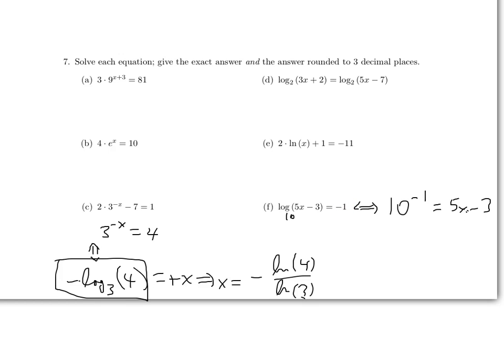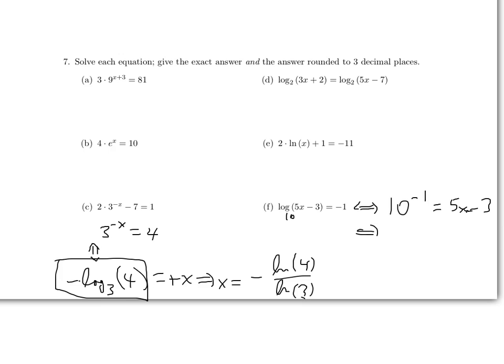Remember that the point here is to free the x up. So if you do something and your x doesn't get freed up, then that's when you know you've done it backward. The only reason we do it is because the x is stuck in the log, and so if I ended up with an equation where the x was stuck in the exponent, then I know that I did that wrong. So anyway, 10 to the minus 1 is just 1/10, and so this is easy to solve.